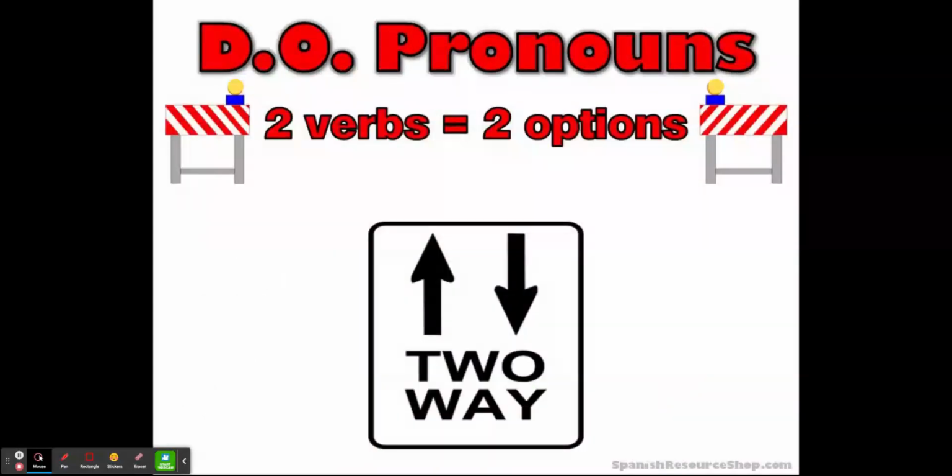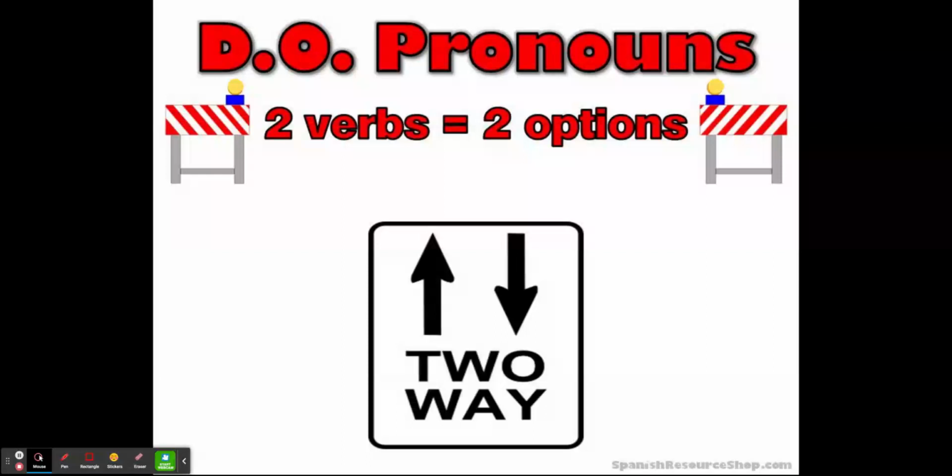Now, we're going to go into two verb sentences. Remember those two verb sentences. Oh, what do I do with the second verb? You use the infinitive form. Now, we are simplifying those two verb sentences, and you can have voy a caminar. Voy a caminar is a two verb sentence.